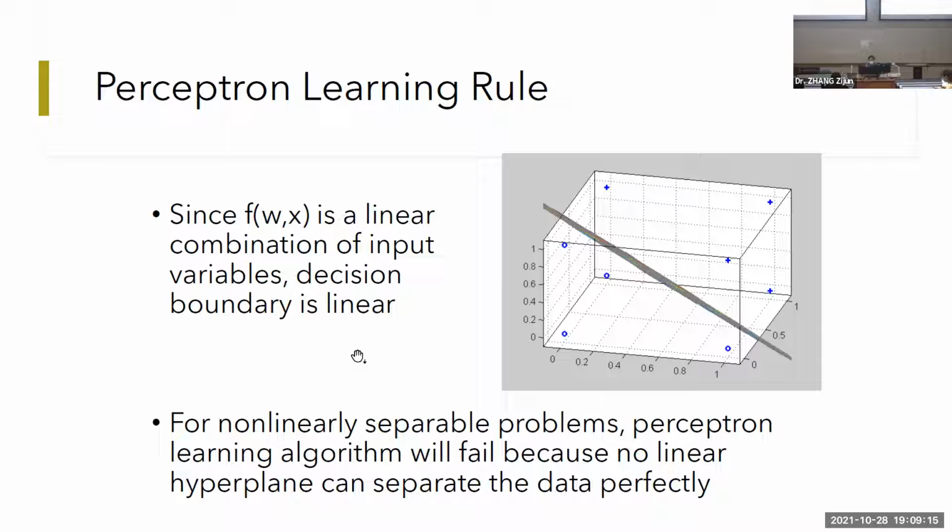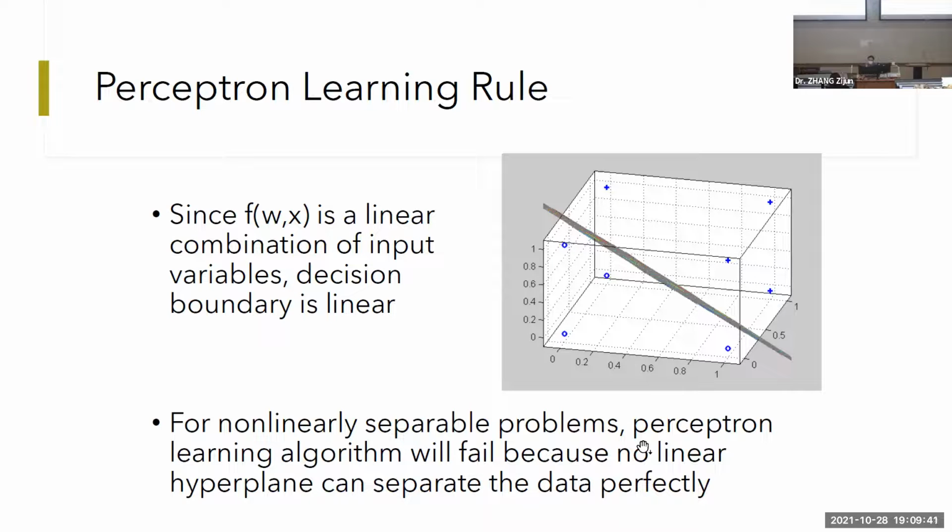So the decision boundary is actually linear. Okay. So if we visualize it, the decision boundary of this neural network or perceptron learning pretty much looks like the support vector machine decision boundary, right? So basically all the linear separation models have a decision boundary that looks like this.